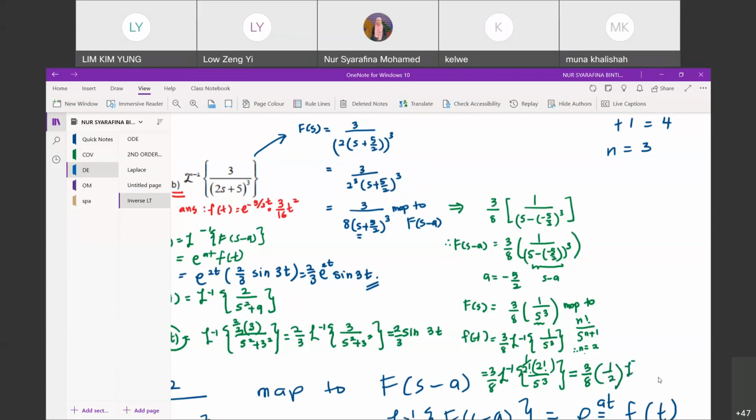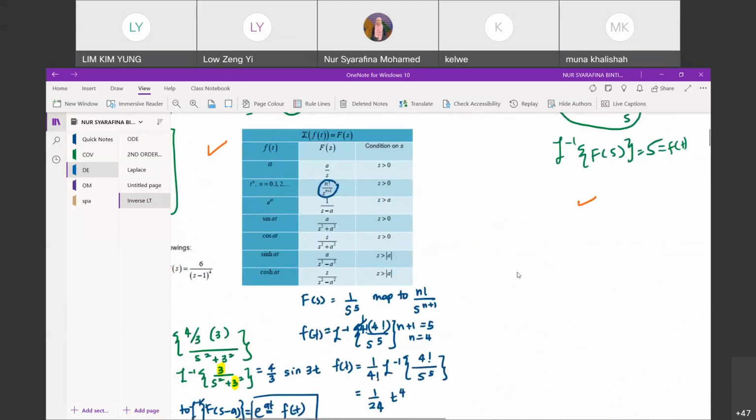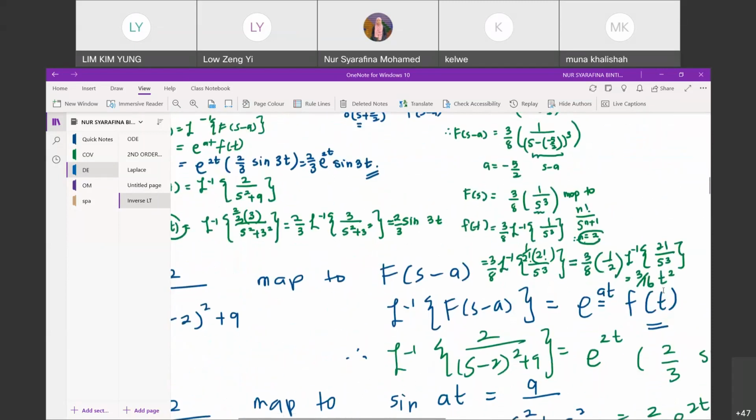So we just inverse 2 factorial over s cubed, which gives you what? 3/16 t squared, because n equals 2. Okay, when n equals 2, so t to the power of n, t squared. Okay, now that is f(t).